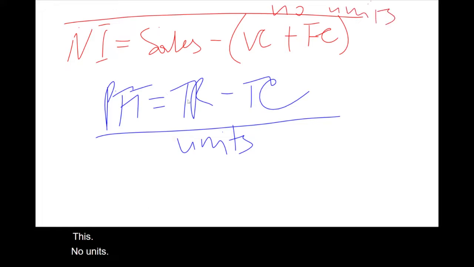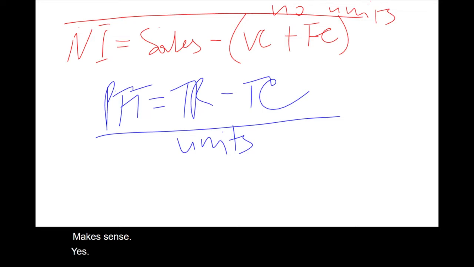But sales is total revenue, yes or no? Variable cost plus fixed cost is total cost. Makes sense? Yes, that makes a lot of sense.